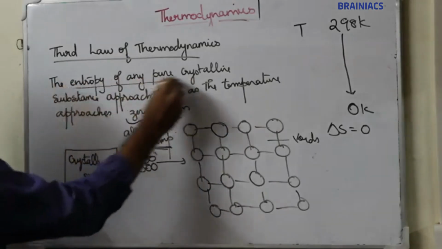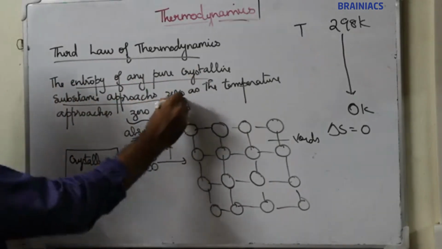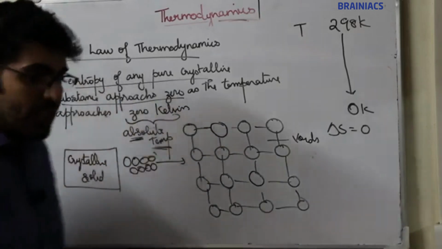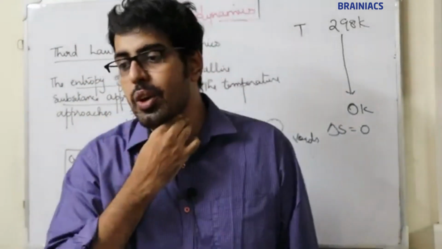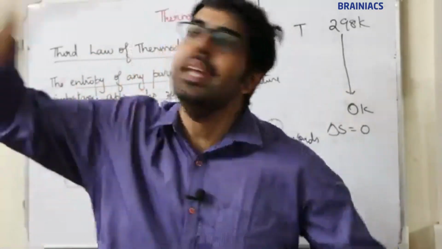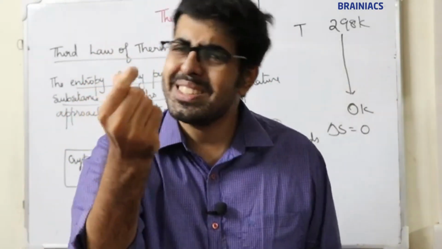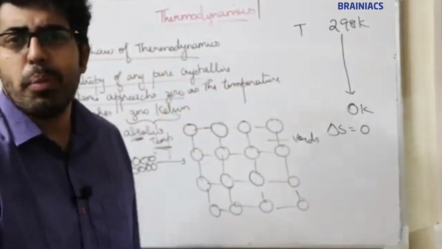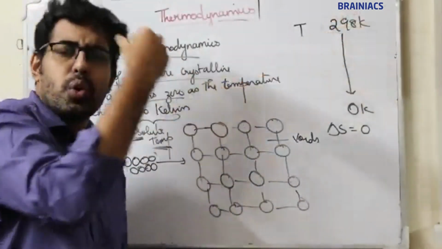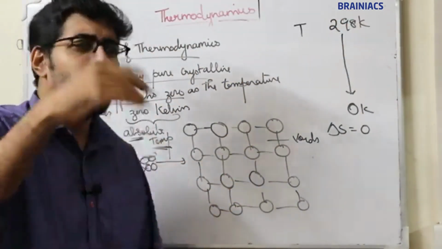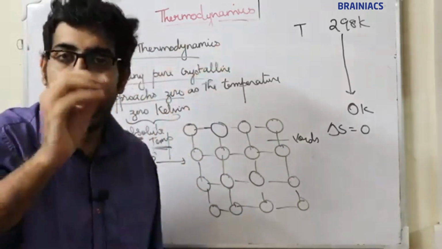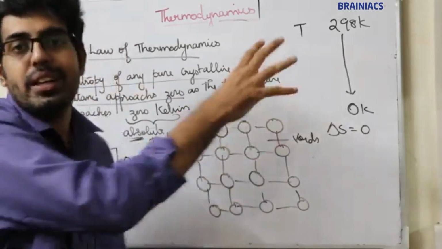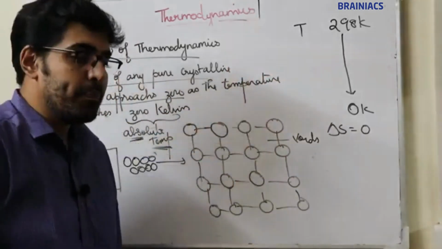The entropy of any crystalline substance approaches 0 at 0 Kelvin. So this is the third law. If you consider a crystalline solid at any temperature, like 298, 273, 263, 173 or 23 Kelvin, it will have some disorder or entropy.